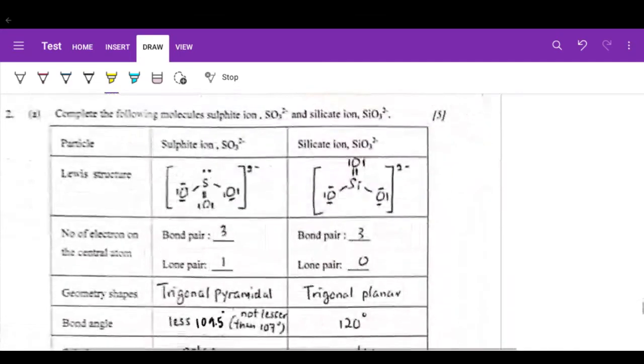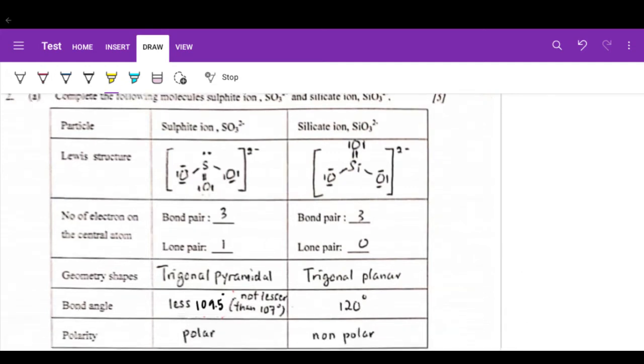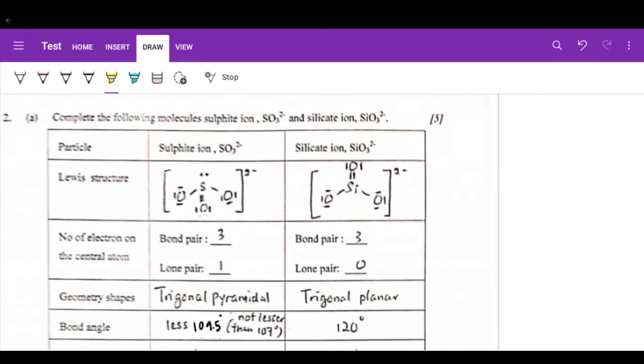Okay, now let's look at question 2. Complete the following for the molecules: sulfite ion and silicate ion. First, you have to draw the Lewis structure for the sulfite ion and the silicate ion.